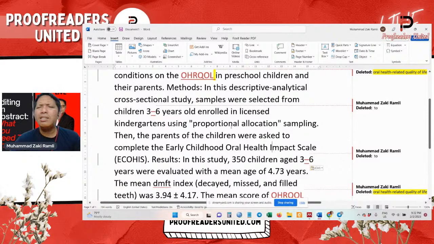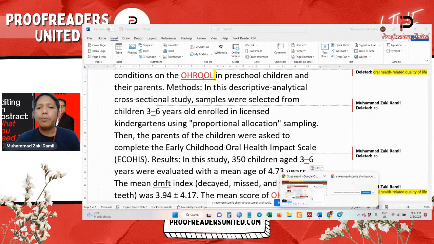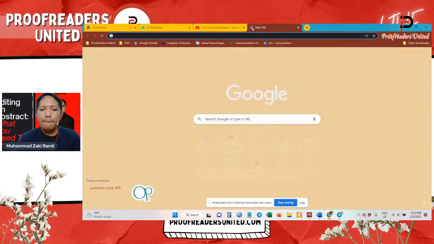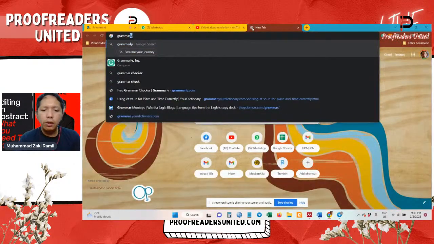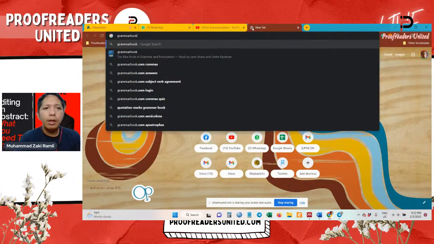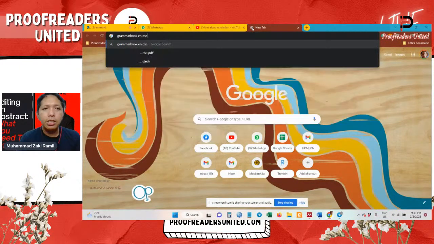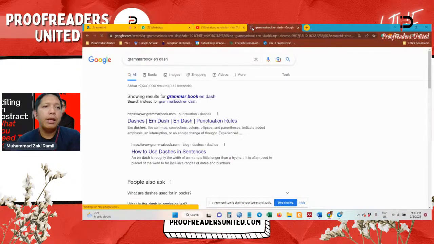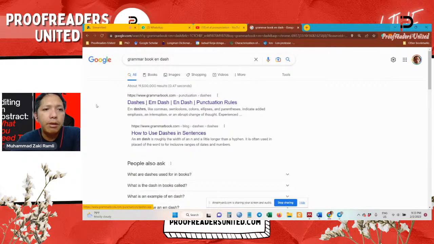Okay, what's the matter with all these em dashes and en dashes? Actually, let me go to grammarbook.com and search for en dash.